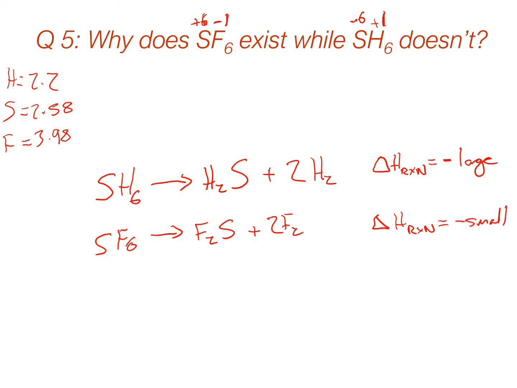And therefore it won't be so favourable to make these products. It's actually more favourable for it to just stay as the compound. So yeah, there you go. It's kind of a mix: the oxidation states give you a good indication of why it's unstable, and then going from that we can look at how thermodynamically stable the alternatives are, and if there is a very big stability gain, then it's likely to not exist.